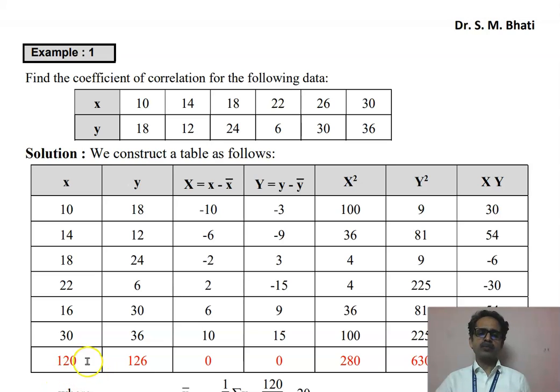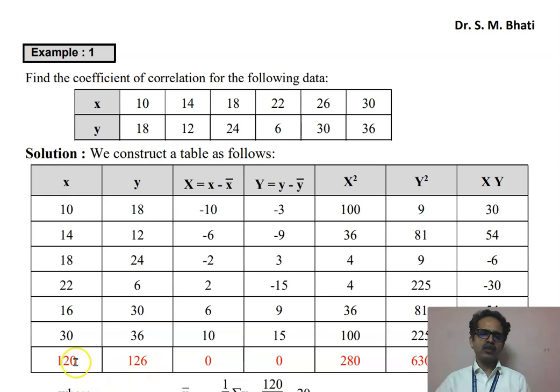So you have to take the deviation of each x from x bar. From this column sum you can calculate x bar, because x bar equals summation x upon n, and from the column sum 126 you can calculate y bar, which is summation y upon n.